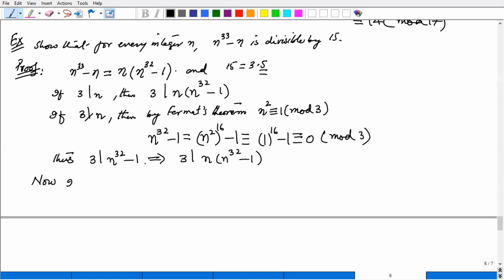If 5 does not divide n, then, so if 5 divides n, then 5 divides the product n times n to the power 32 minus 1.